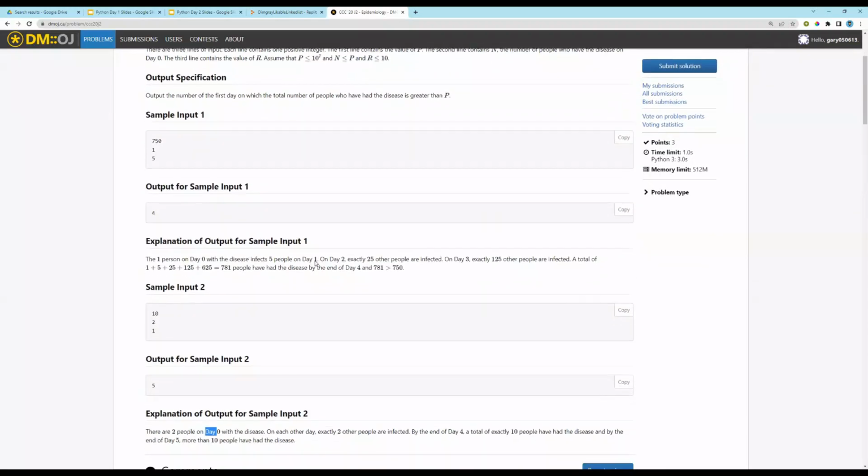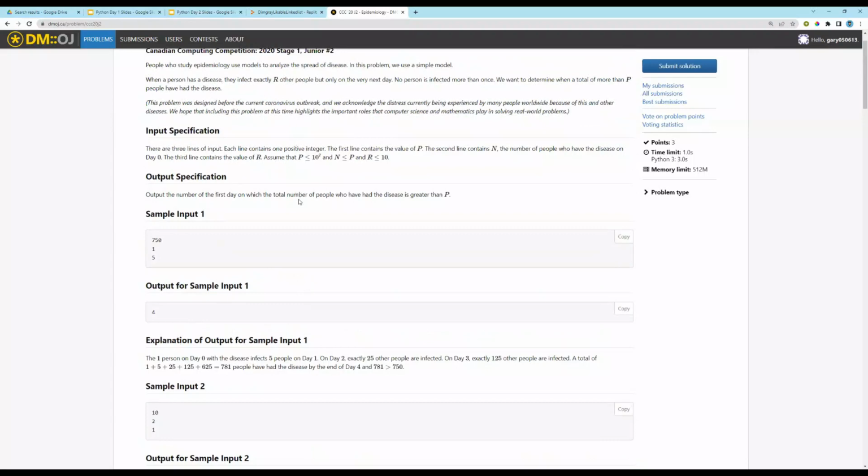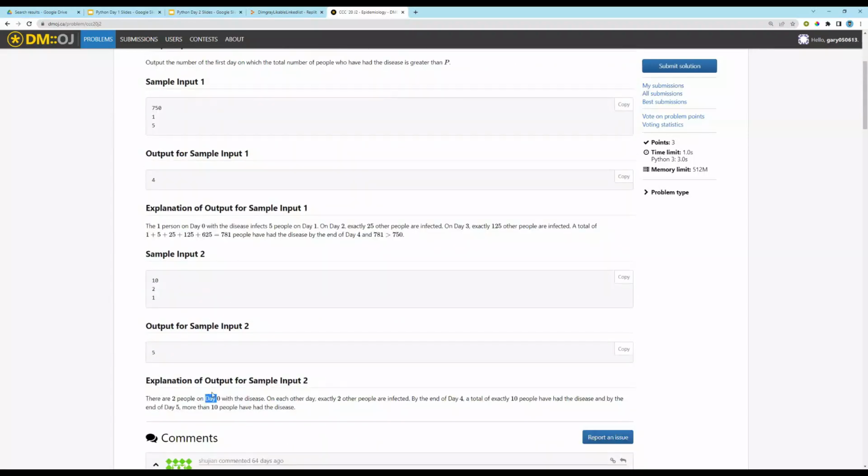Hmm. 2, 3. This is weird. There's actually 2 people on day 2 with disease on just other day. There's actually 2 on each other day.